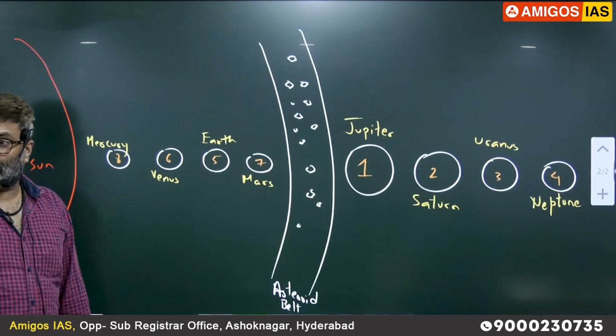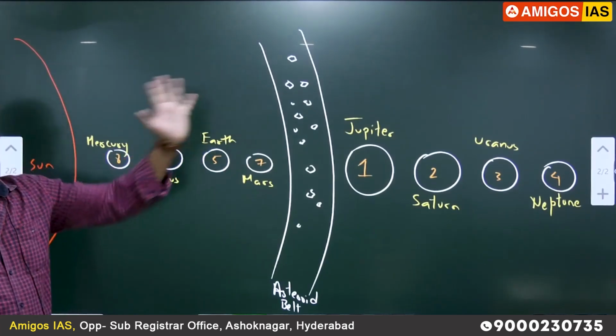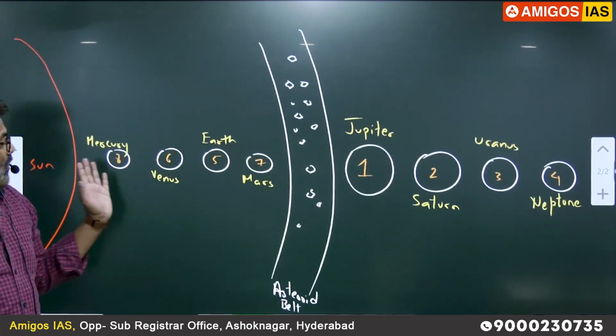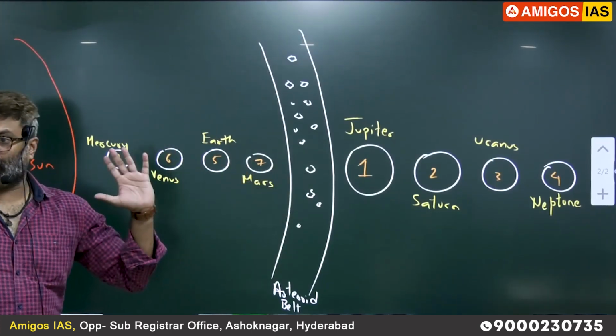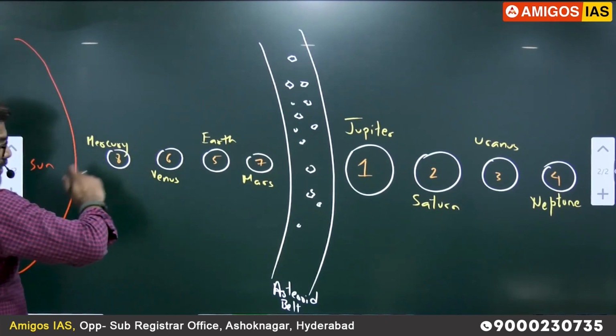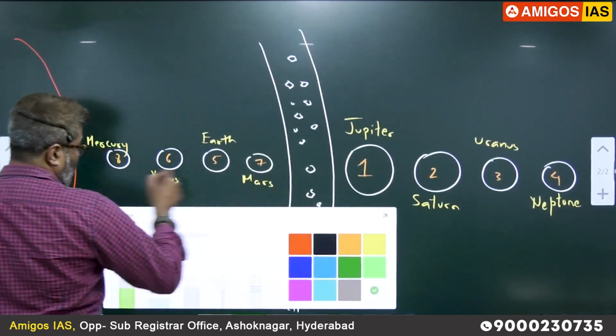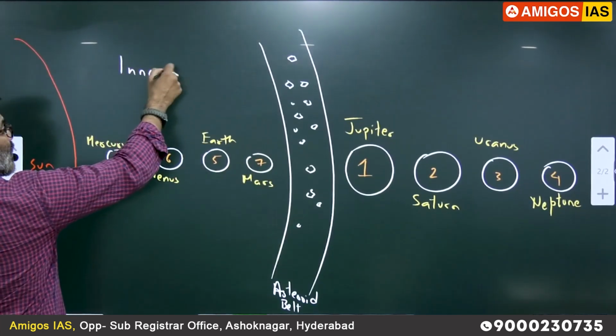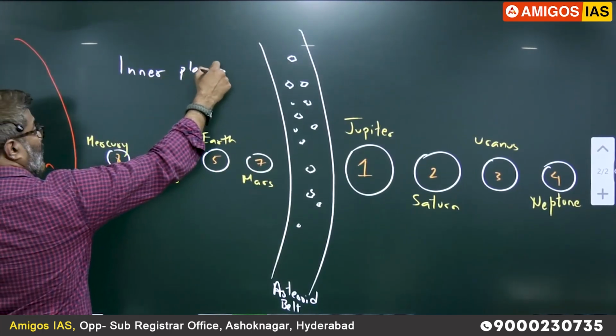So in today's class, since we are doing NCERT topics, I'll discuss the solar system fully. Then we can go to other topics. First, all of you know the formation of the solar system, and this is how it looks. These planets here, from the Sun to the asteroid belt, are called inner planets.